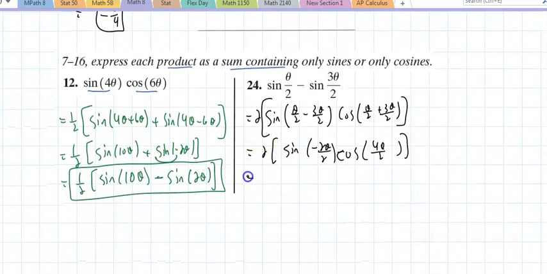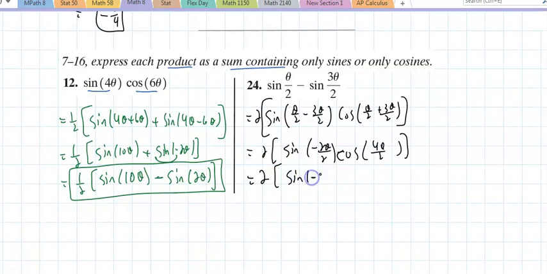And those are used in one section of calculus, but even that doesn't come up as much. And that will be twice the sine of theta, cosine of 2 theta, and this negative would just be shifted up front.